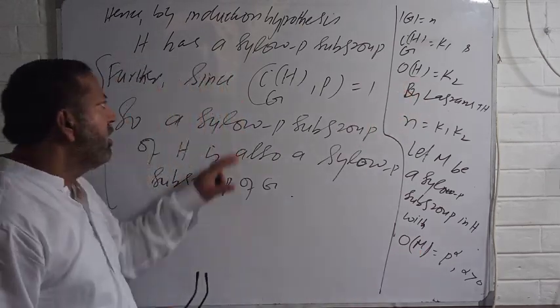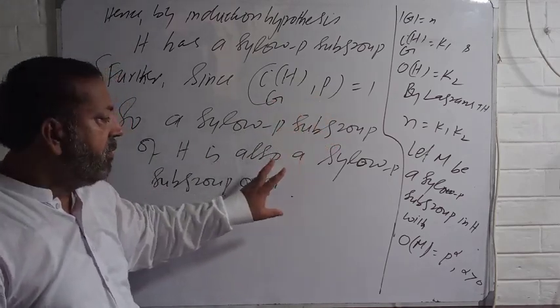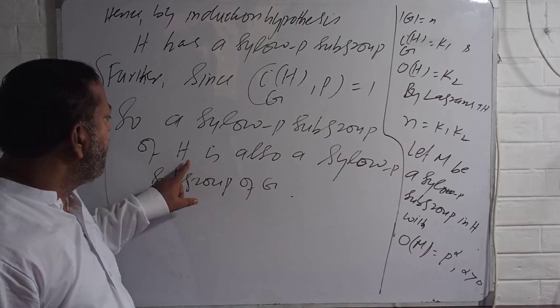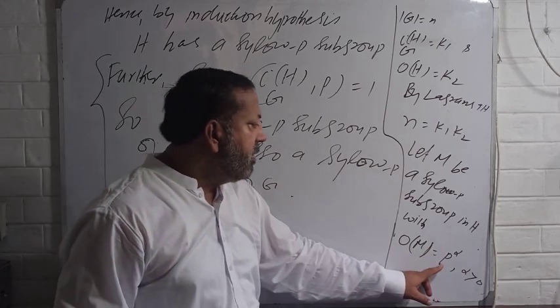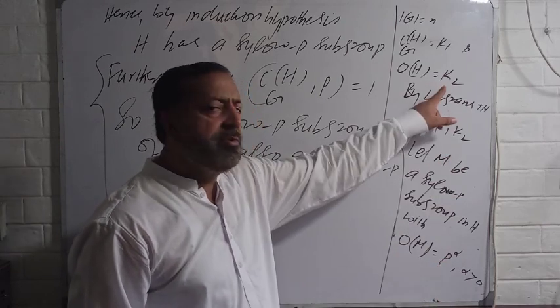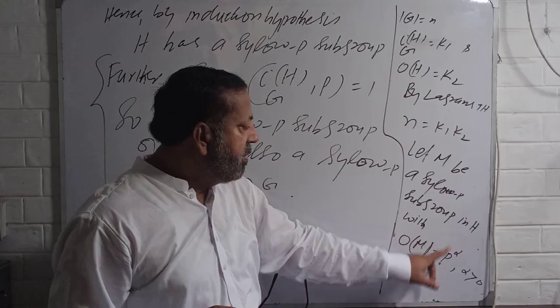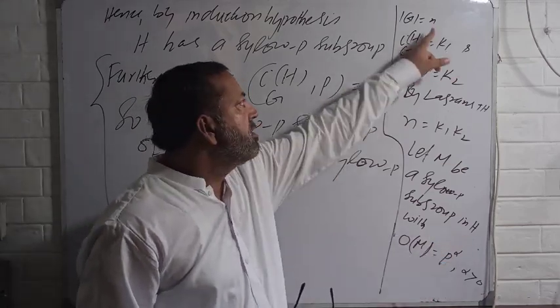What we want to show is that if index of H in G is relatively prime to P, then a Sylow-p subgroup of H is also a Sylow-p subgroup of G. Means that P power alpha divides K2, but P power alpha plus 1 does not divide K2, and we want to show that P power alpha divides n and P power alpha plus 1 does not divide n.